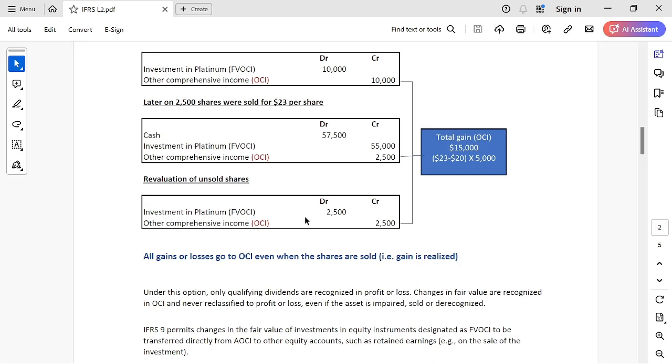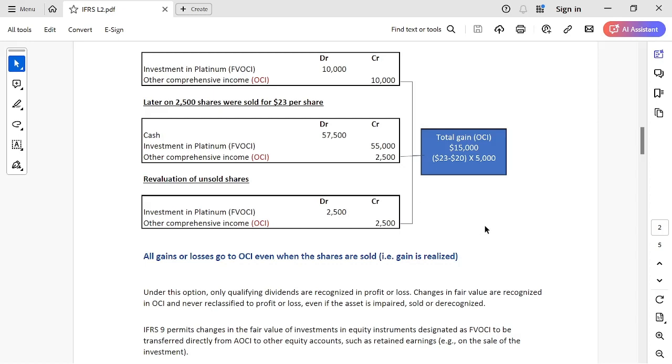So we debit the investment for 2,500 and credit the OCI again for 2,500, and all of this is staying in OCI, and it will never ever flow through profit or loss, even when sold, as we saw here in this example.